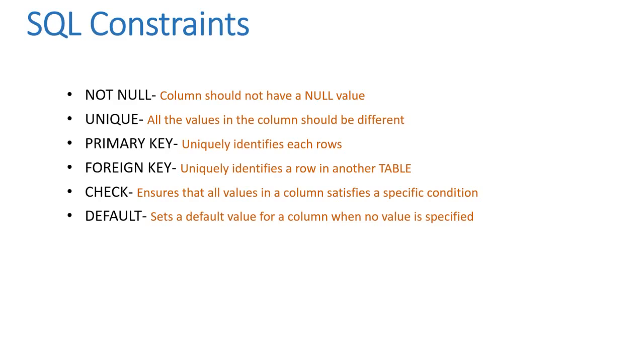Now we can also add a check constraint. This constraint ensures that all values in a column satisfy a specific condition. For example, if I want to add a column of student age for a particular class, I should say that age should always be more than, let's say, 10 years.